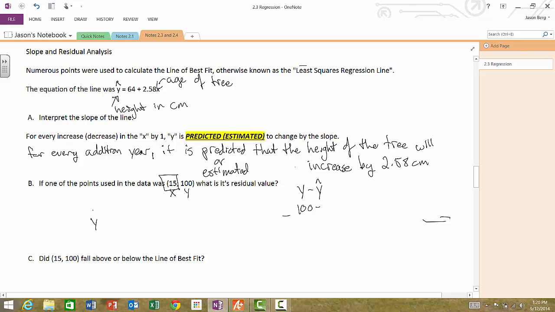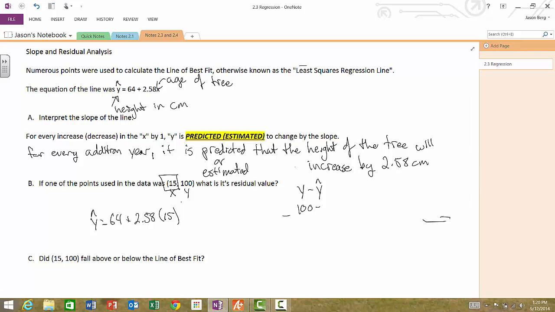So y hat would be 64 plus 2.58 times 15. We're plugging x in, not the 100. I almost put the 100 in. I was going to have to edit it out, but I caught myself.